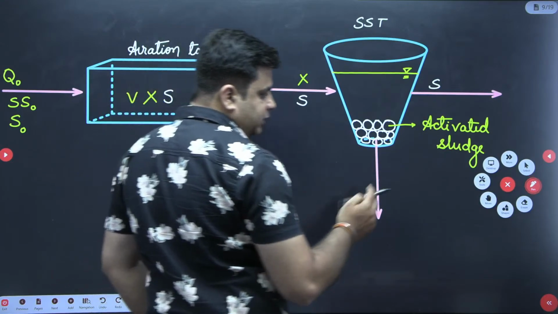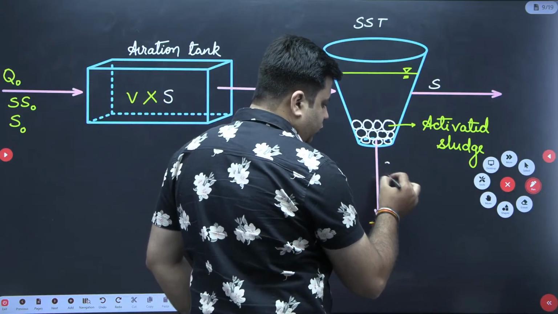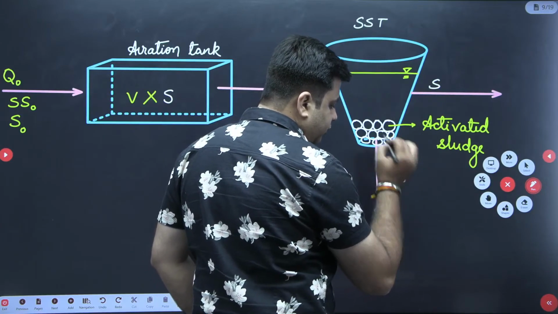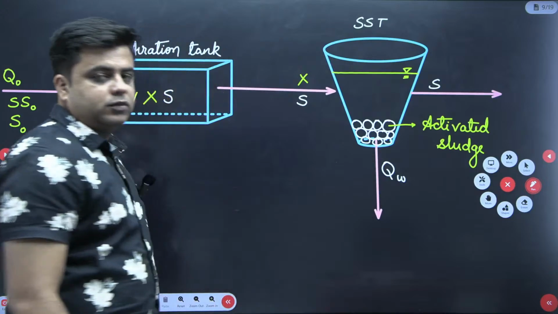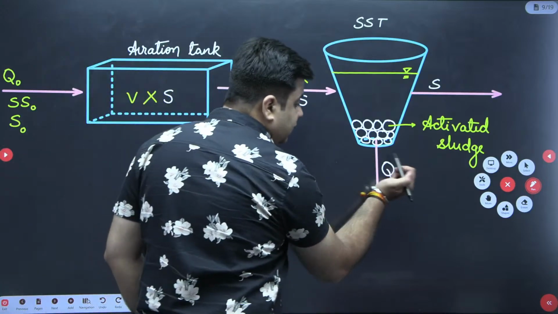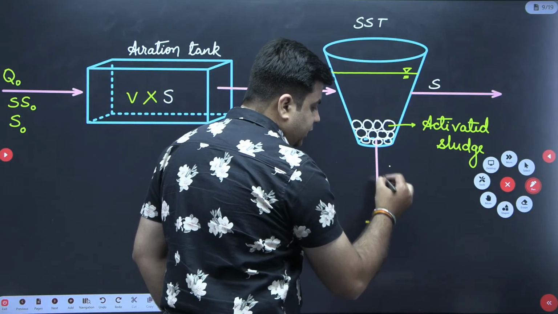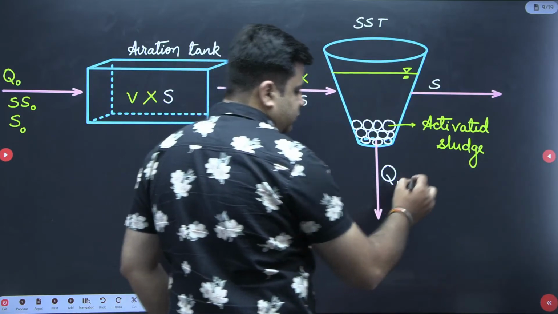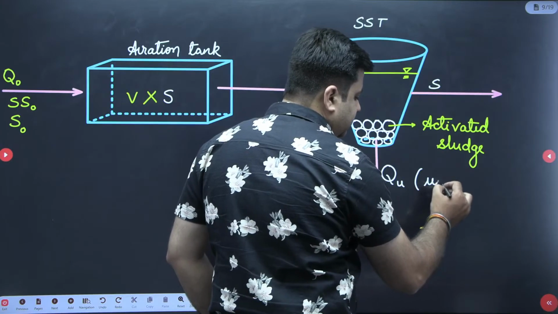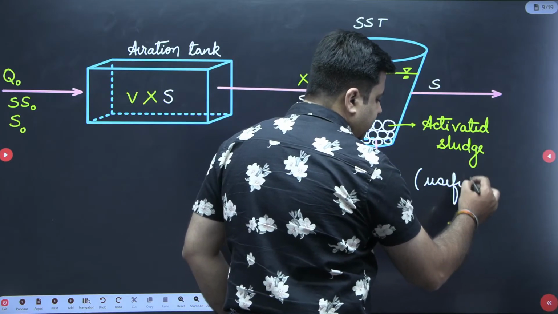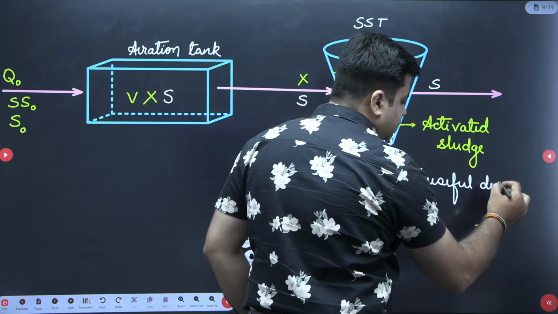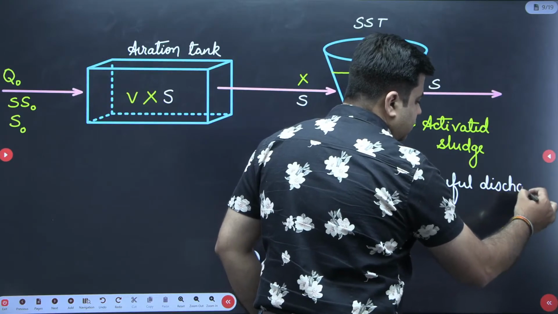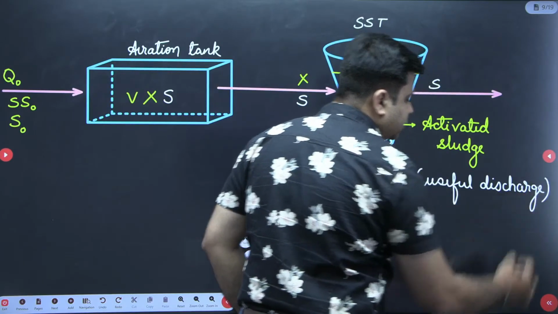The discharge of activated sludge that we take out is known as QW. Sorry, this discharge of activated sludge is known as QU. This is known as useful discharge.